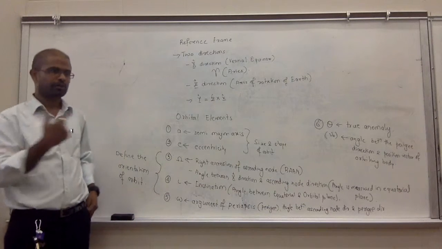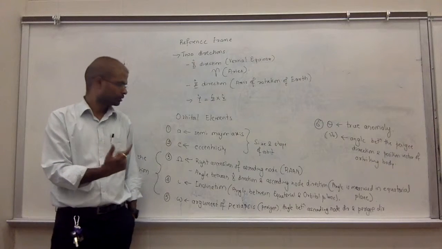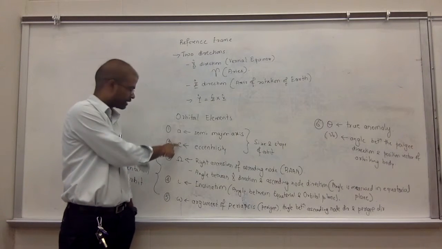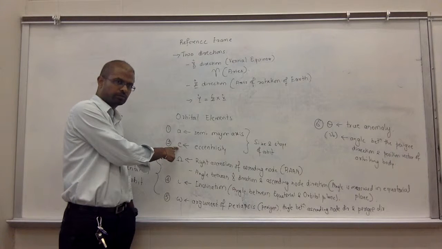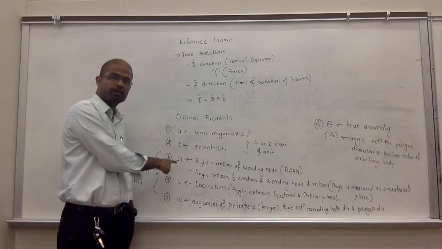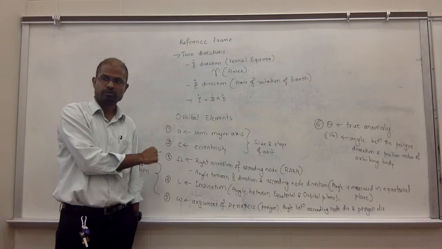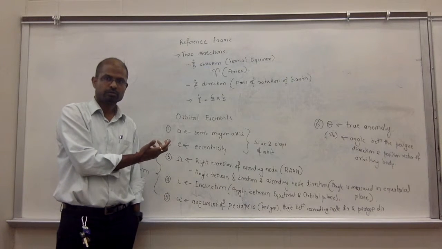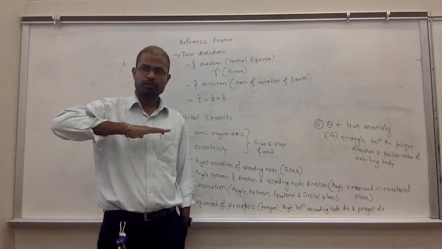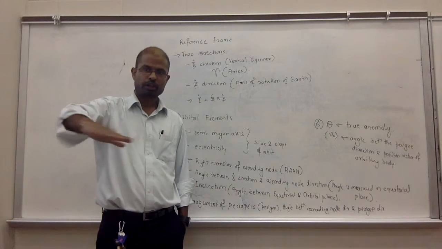Consider a racetrack, right? Racetrack will have a size, racetrack will have a shape. Racetrack will have an orientation. What does that mean? You are trying to measure the orientation with respect to a particular plane.